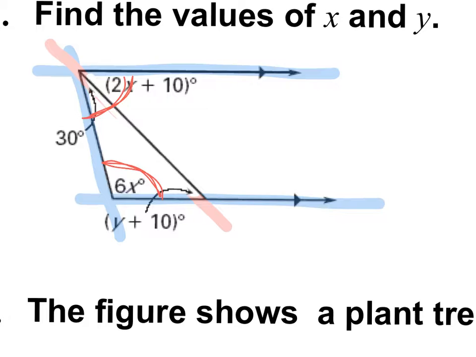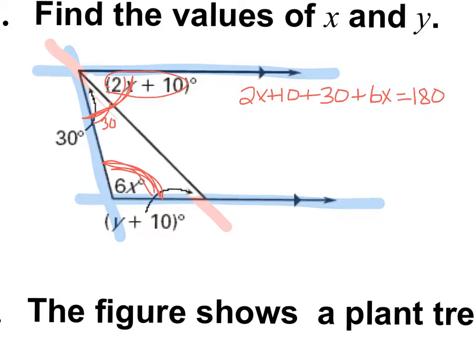They're not corresponding because they're both inside, which means same side interior. What's true about same side interior? They add up to 180. So this angle plus this 30 degrees plus 6x is going to add up to 180 degrees. So I'd get 2x plus 10 plus 30 plus 6x equals 180 degrees.